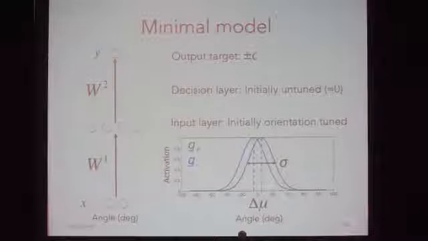We have an input, which is one of the two angles being presented. That's processed by a layer of orientation-tuned neurons in the input layer. And then we have a decision layer, which I'm going to initially start off at 0, so it's completely untuned. This is an extreme version: we have an orientation-tuned input layer, and we have absolutely no tuning in the higher layer.